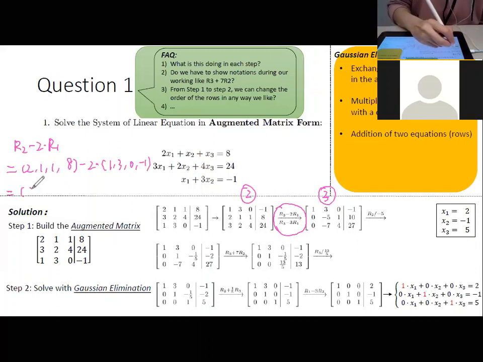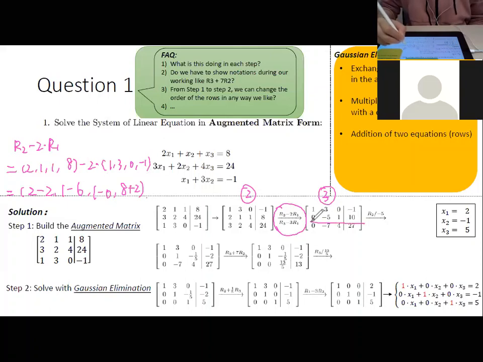Then we get 2 minus 2, 1 minus 6, 1 minus 0, and 8 add 2. By doing the calculation, we can get the second row here.